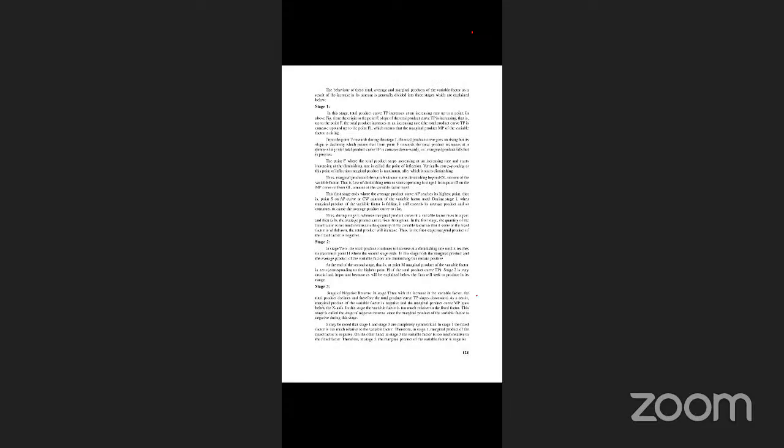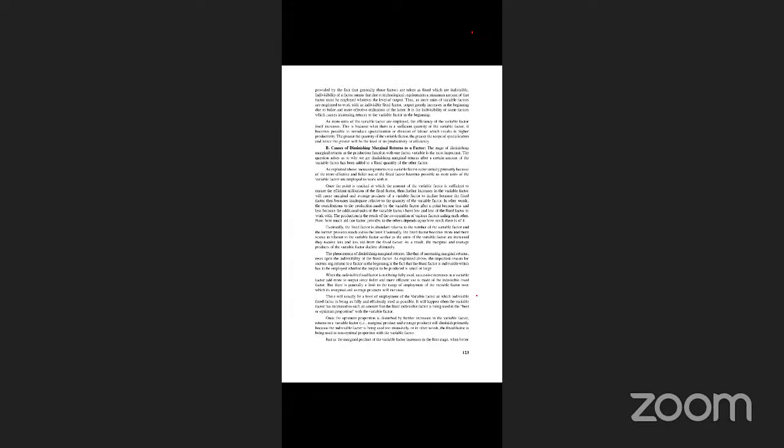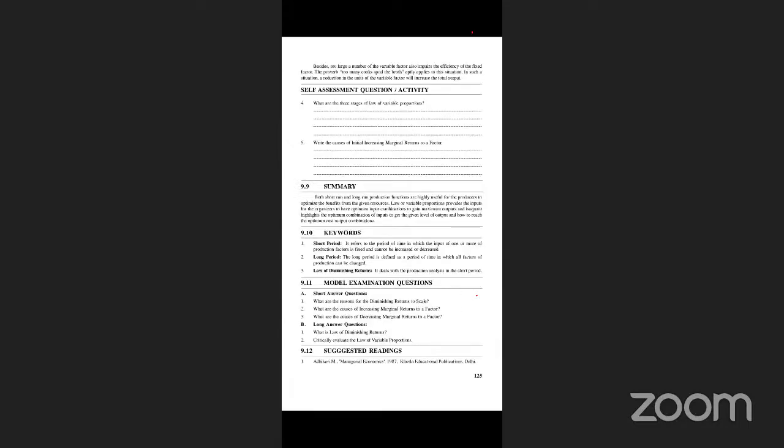All right. So this was the relationship between stage 1, stage 2, and stage 3. The law of variable proportion has 3 stages. In the long answers, you can see questions like 'critically evaluate the law of variable proportion'. This can be asked, it is very important.